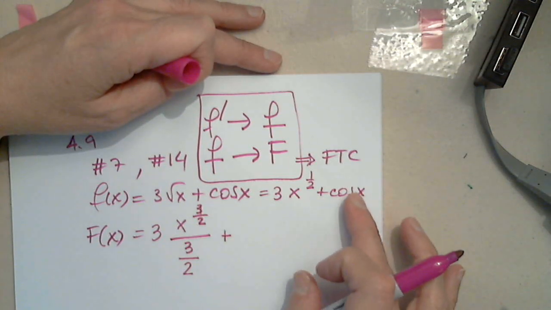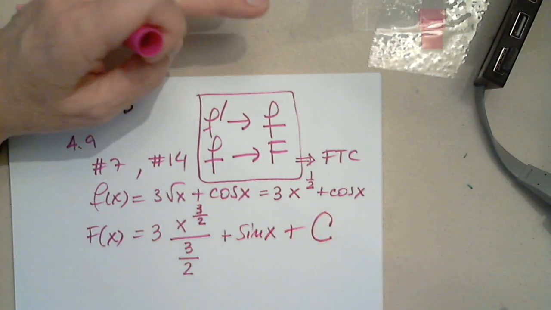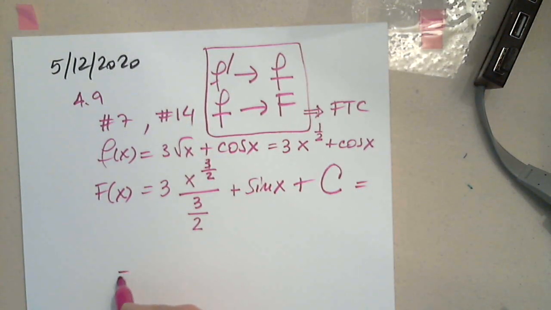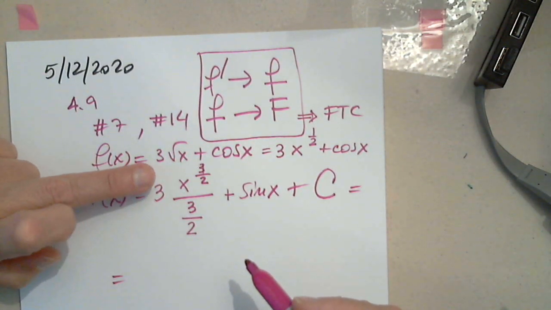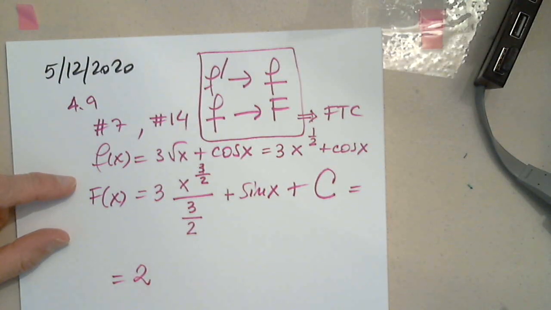Plus, which function's derivative is cosine, which is sine x, and I have to write c. It's the most general antiderivative. Yes, it needs to be cleaned up, and we're going to do that in a moment. But is this clear so far? Okay, so now I'll have to flip, and when I flip, this is 3 over 1 times 2 over 3, so this is just 2.